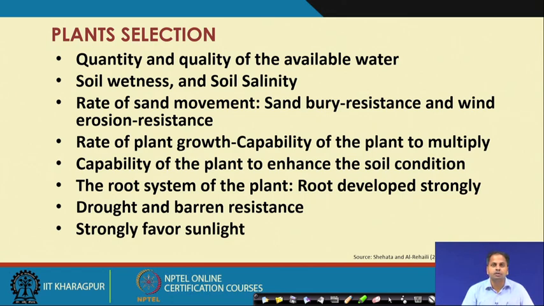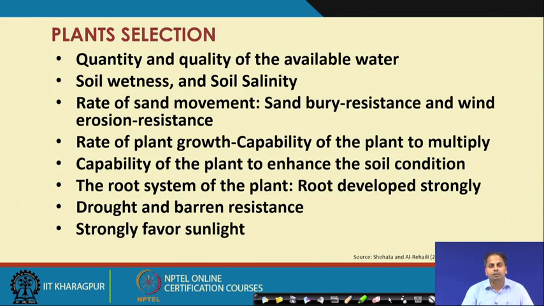So over the sand dunes, they should be sand burial resistant, and they can sustain the erosion of wind. Okay. So wind erosion resistance, the root system should be well developed, strongly developed. Then they should be resistant to drought and barren conditions, and they should strongly favor the exposure of sunlight.